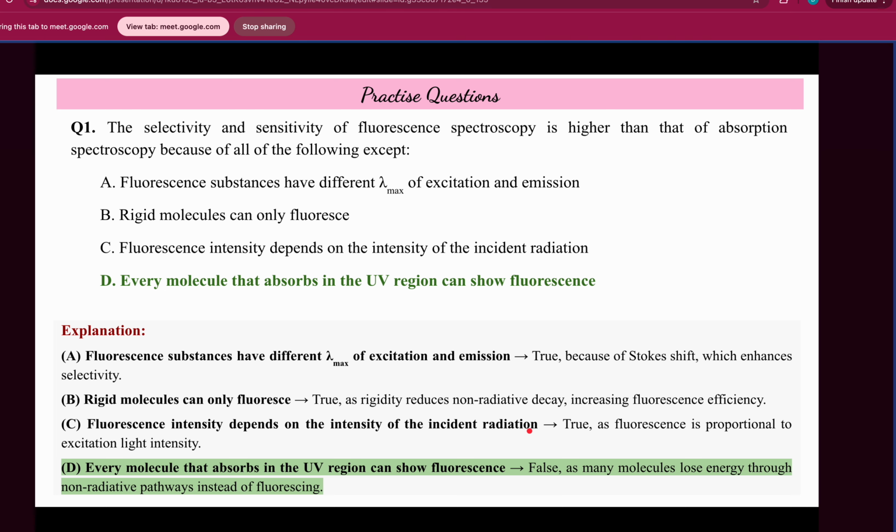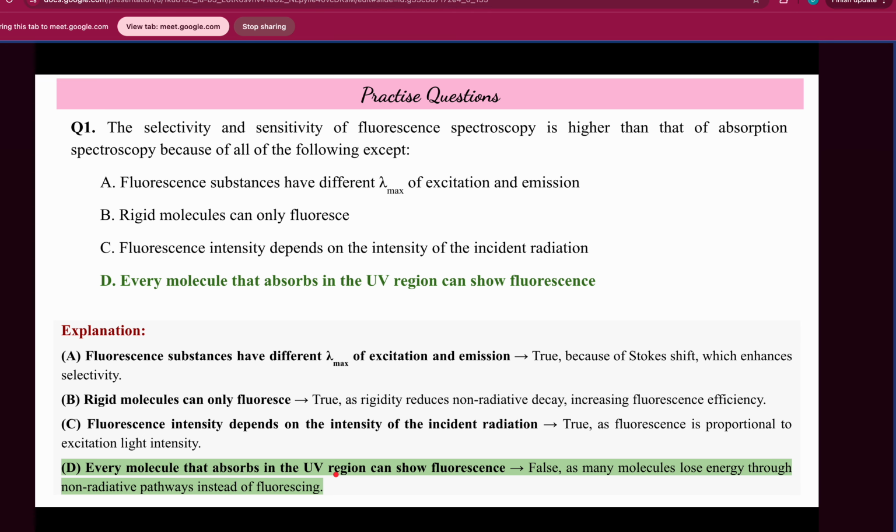This is also true because if the incident radiation has high intensity, then there is a possibility that the fluorescence will also have higher intensity. If your intensity of absorption is only low, how can you expect the emission to happen at a higher intensity? So there is proportionality, and fluorescence intensity depends on the incident radiation intensity.